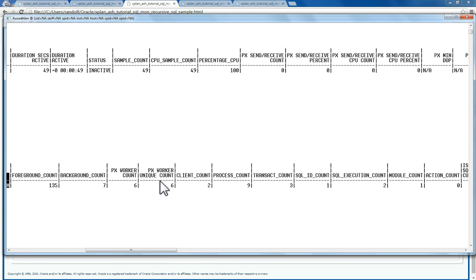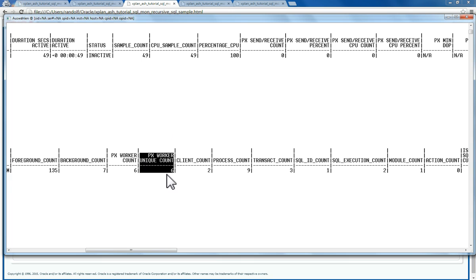Again, the same differentiation between count and unique count applies that I already mentioned in the global ASH summary for the main execution. This is just about the distinct names that could be found, and this is the distinct allocations found, because it includes the serial number, and the serial number changes every time a PX server gets reallocated.